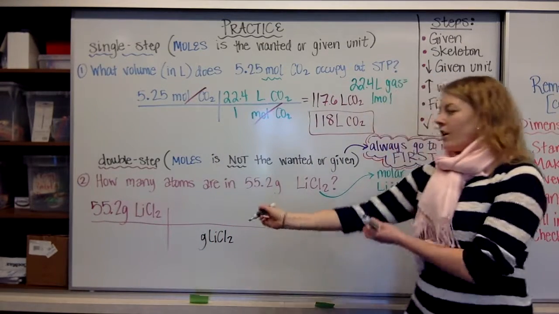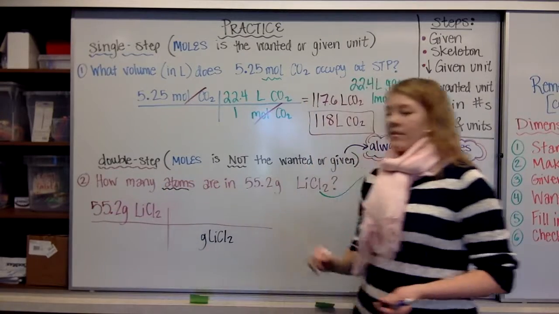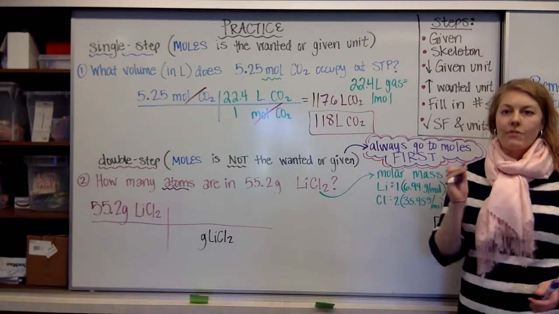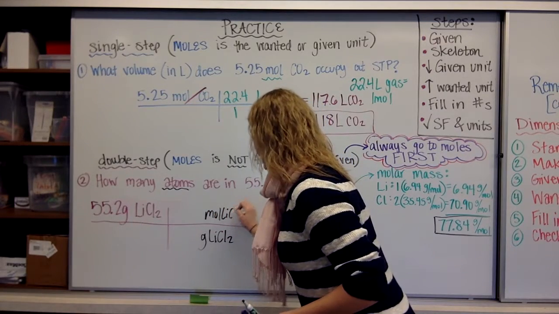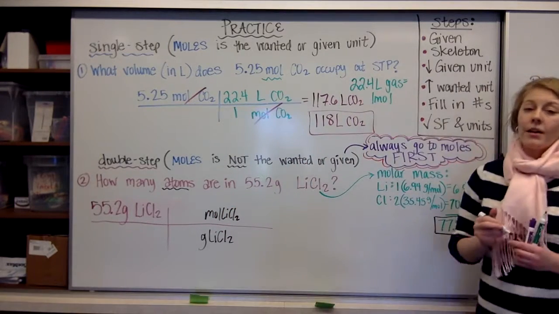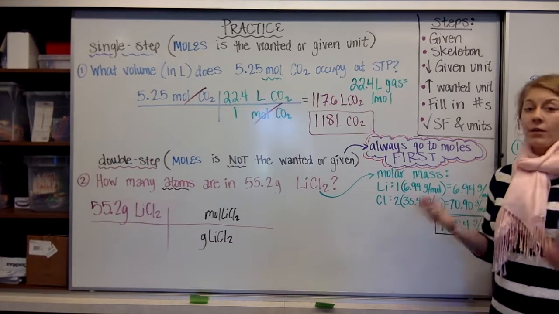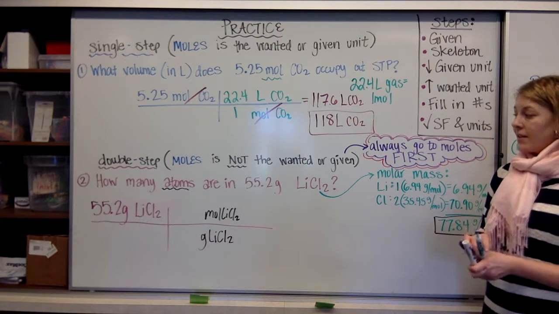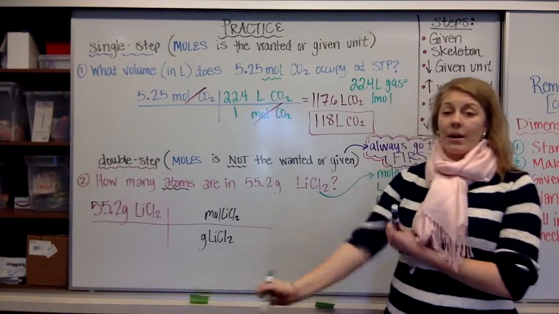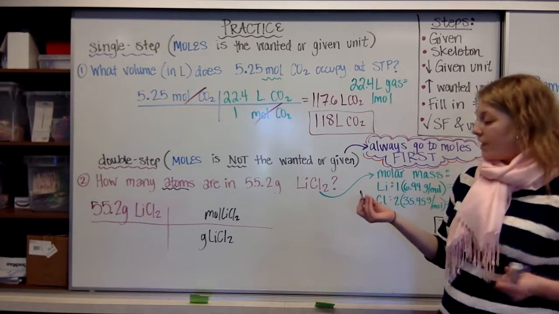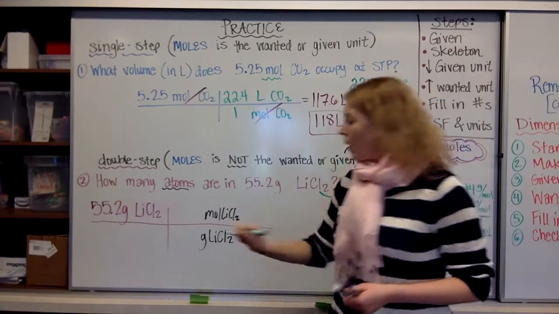Now, even though the wanted unit is atoms, you have to go to moles first. That means moles of LiCl2 is the unit that's going on top. Okay? So, fill in the equivalency statement. How many moles of LiCl2 is equal to how many grams? Well, we know from the equivalency statement, moles is always 1.